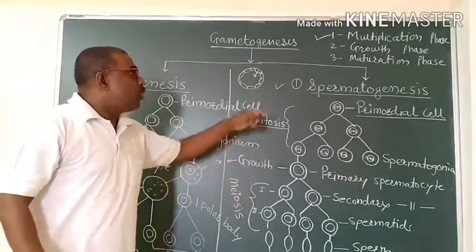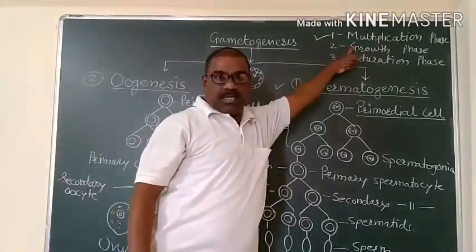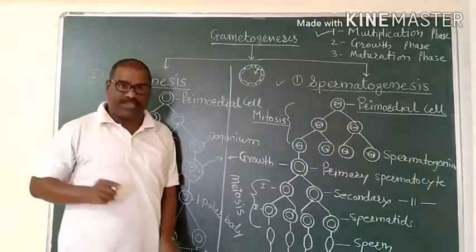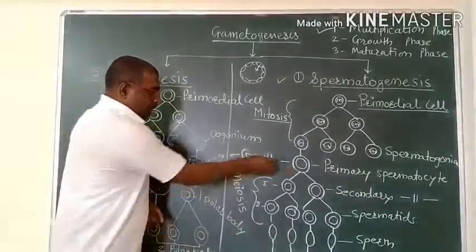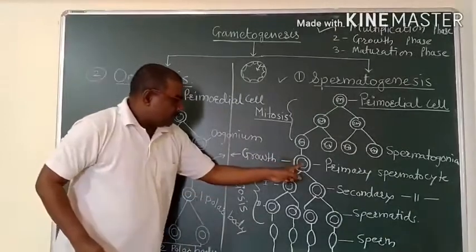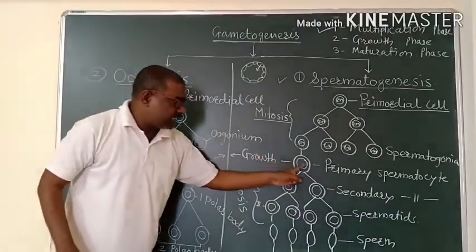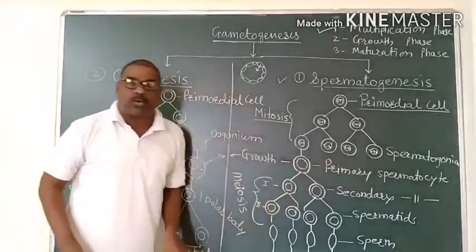Hence termed a growth phase. This is the second most important phase. Here this growth phase cell is called a primary spermatocyte.